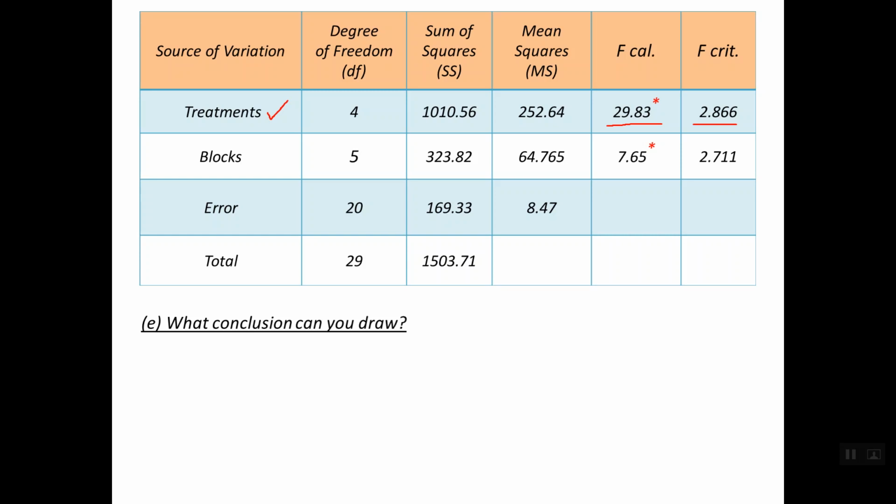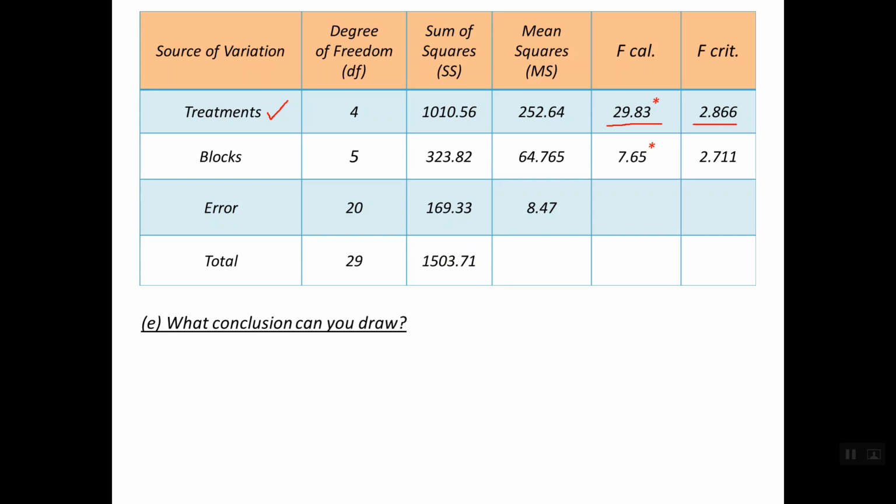So simply for the treatments, there is a significant effect, which means that we reject the null hypothesis for the treatment and accept the alternative one. The alternative hypothesis for the treatment states that the means of the treatments are not the same, or at least one of the means is not the same as the other.